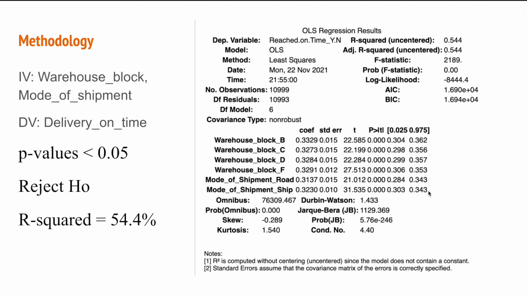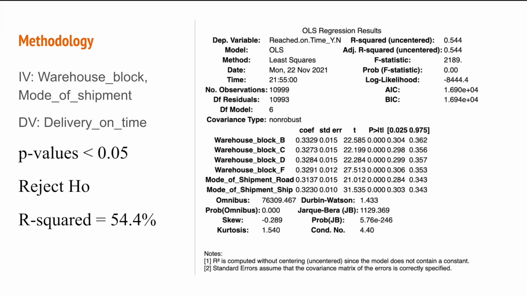The p-value is 0.0, which is less than 0.05, so we reject the null hypothesis, and it means the independent variables and the dependent variable have a relationship.